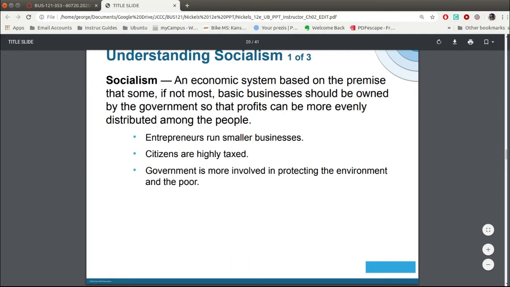Now, socialism is basically where some of the basic businesses are owned by the government. And what they're doing is they are trying to set the prices and distribute any kind of profits and things like that. You can have some entrepreneurs out there, but they're not going to be running the big businesses. Citizens are highly taxed. Whenever you're talking about socialism, there are huge taxes that go along with it.